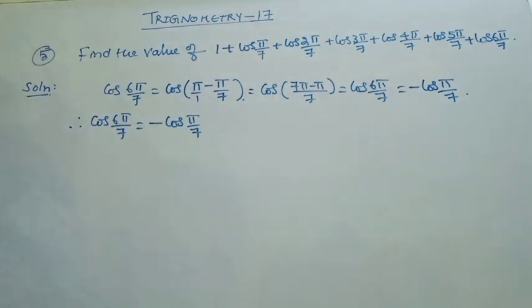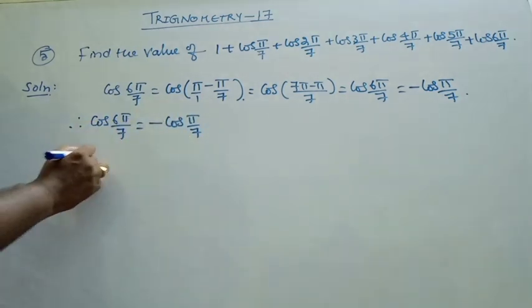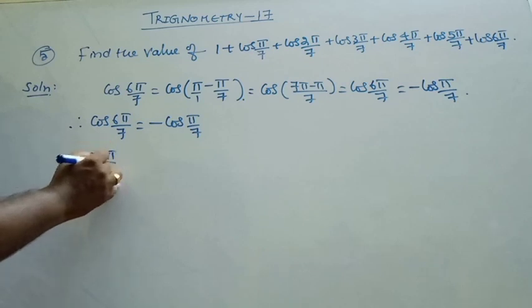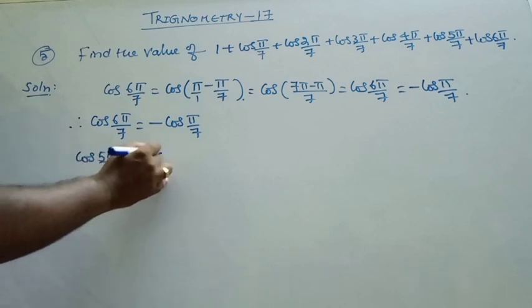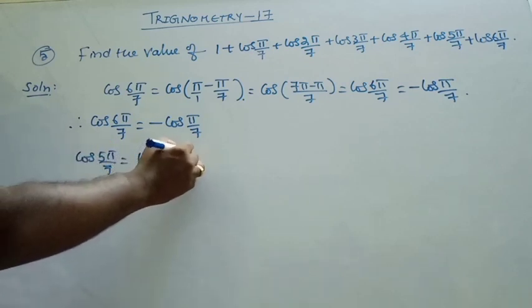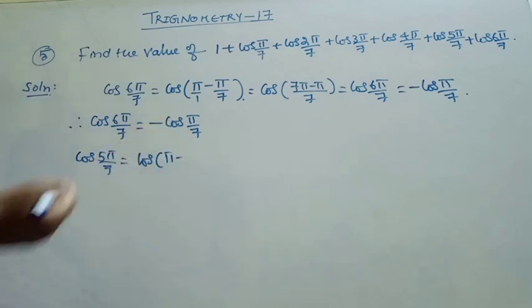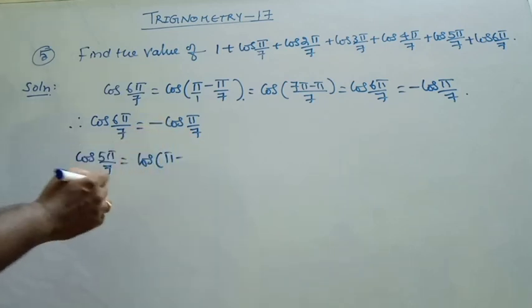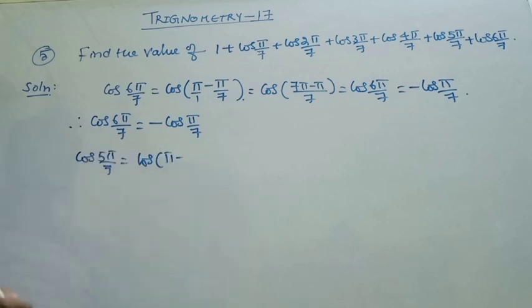In the same way, you have now cos 5 pi by 7. You can write this as cos of pi minus 2 pi by 7.